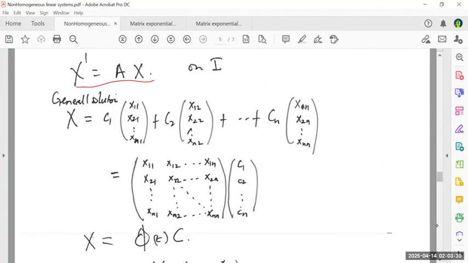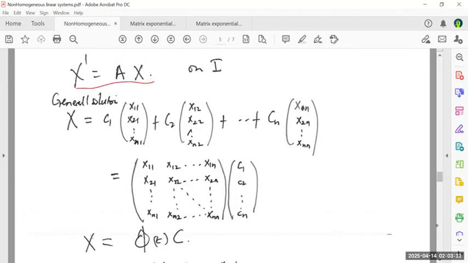So we know the general solution would be C1 times x1 plus C2 times x2 plus C3 times whatever up to Cn times xn.